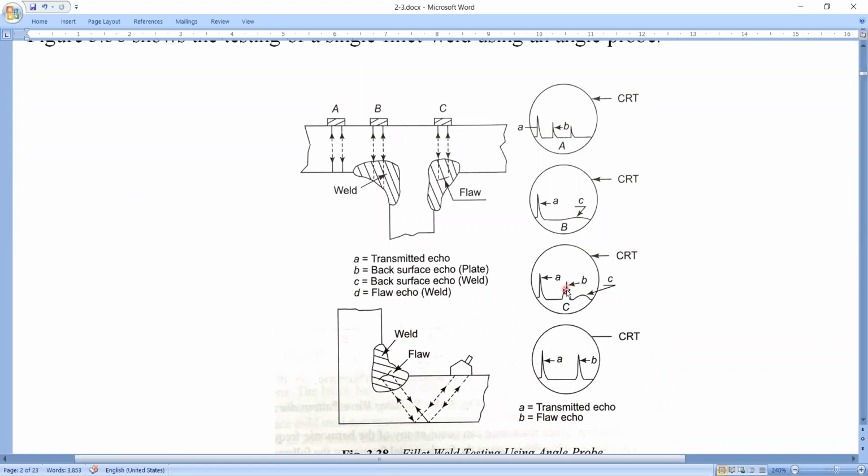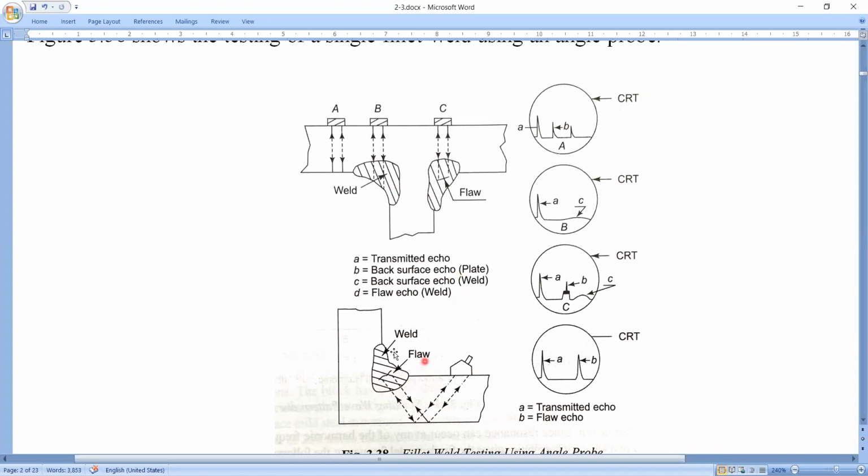This is the flaw echo, at the C position. We can see the top peak is the flaw echo. These three scans are related to scanning the double fillet welds.